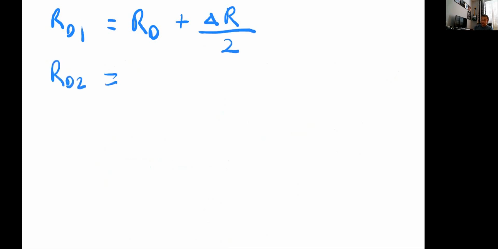And for transistor 2, the RD is going to be some nominal value minus half the deviation. So essentially, we are allocating half the difference between the RDs to each of the RDs.